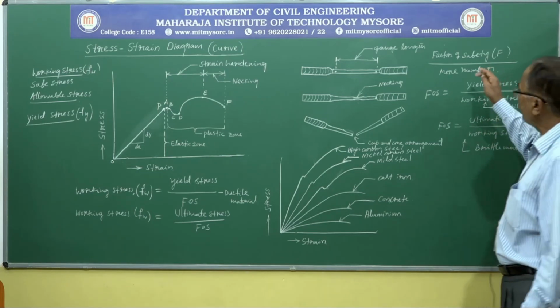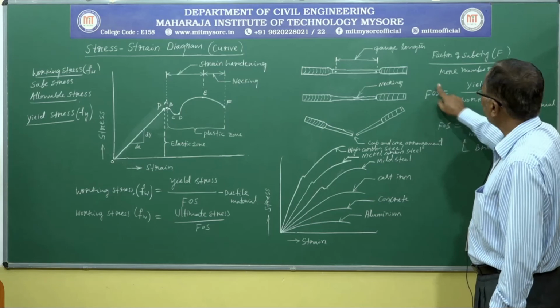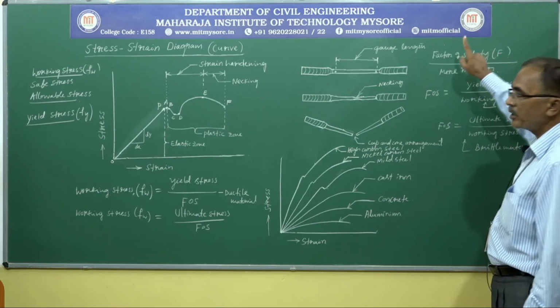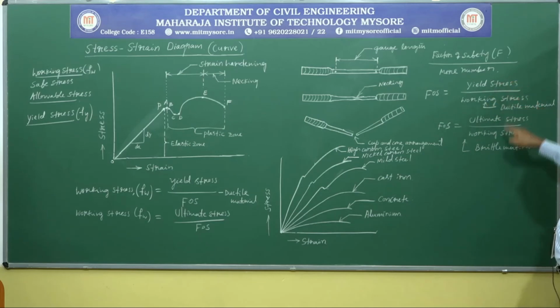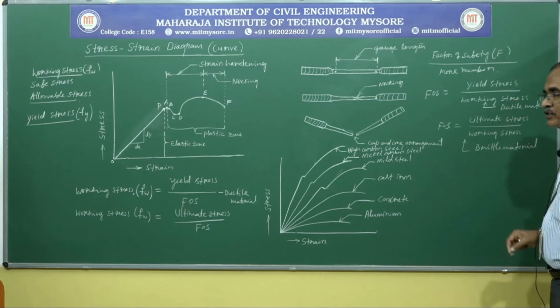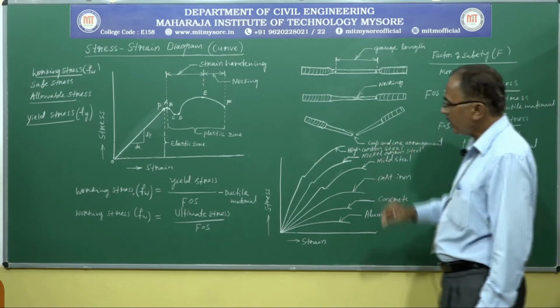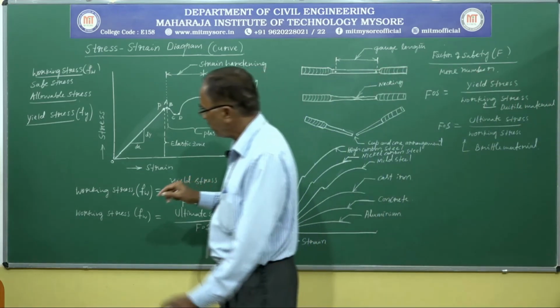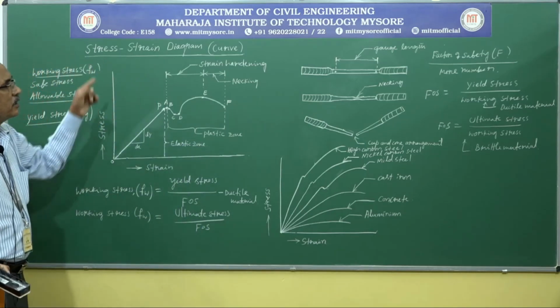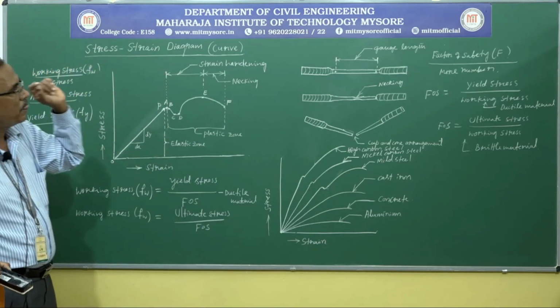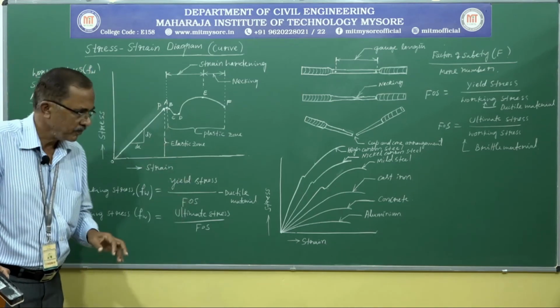From the safety point of view, we arrived at this term, factor of safety. It is a mere number. It can be obtained by using the yield stress or ultimate stress along with the working stress.